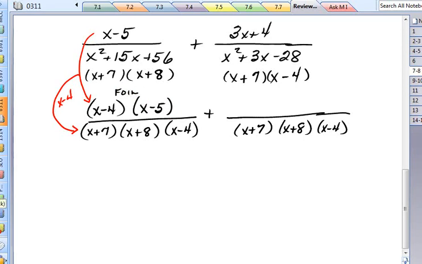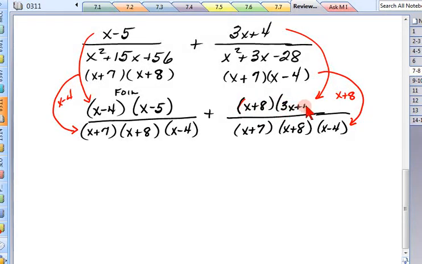Over on the right-hand side. What's the change? What's the new factor? X plus 8. So multiply it times the top. You have x plus 8 times 3x plus 4. And it certainly doesn't matter what order you write those. And again, we're going to use FOIL.